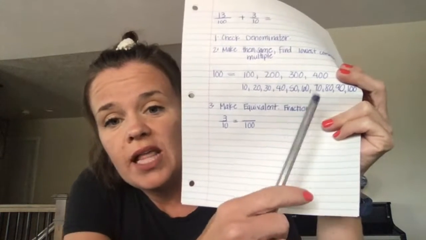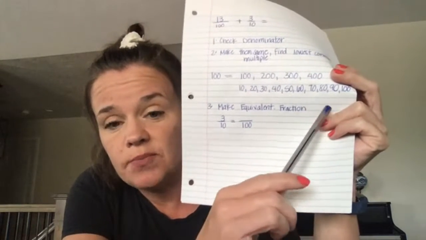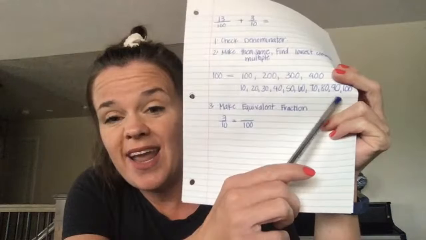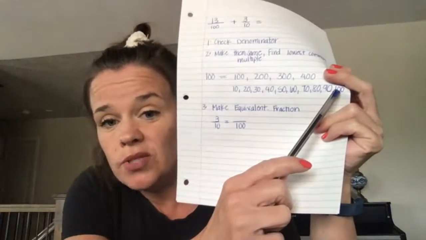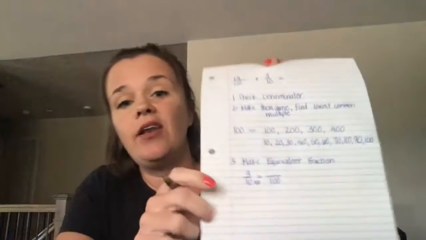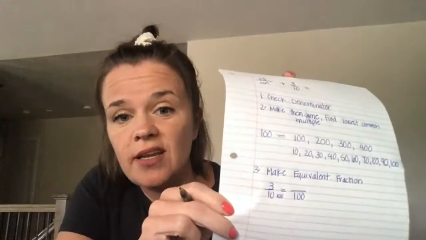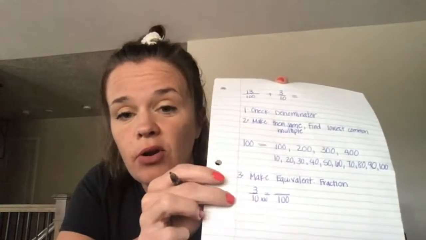I know that when I'm skip counting by 10, I have to count by 10, and I have to count 10 times, right? So I had to multiply it by 10, right? So if I multiply the denominator by 10 to get that new denominator of 100, I have to multiply the numerator, or that top number, okay?